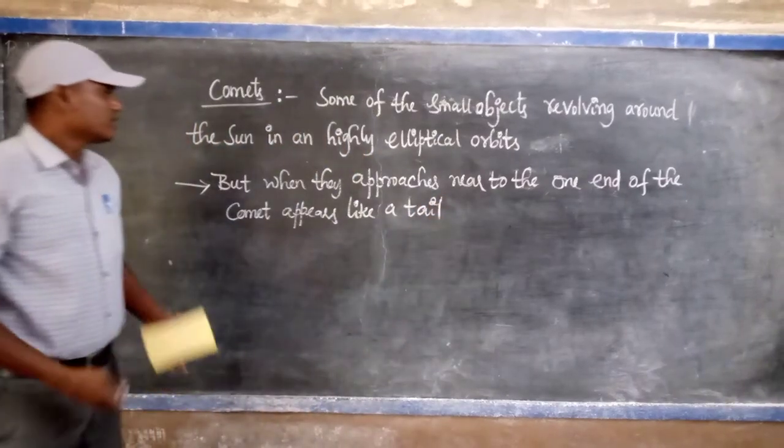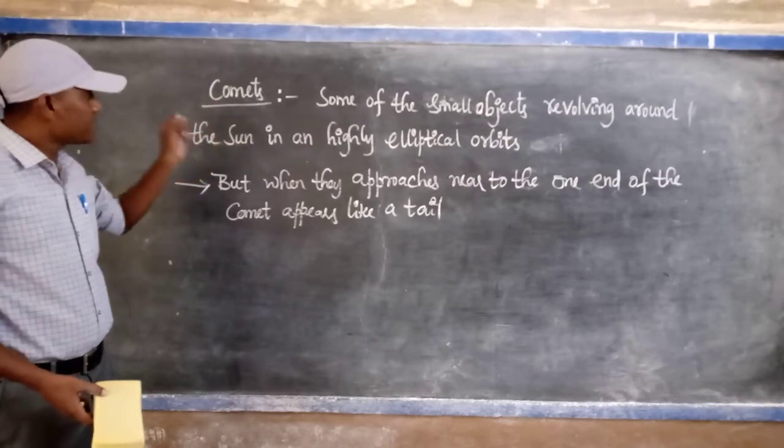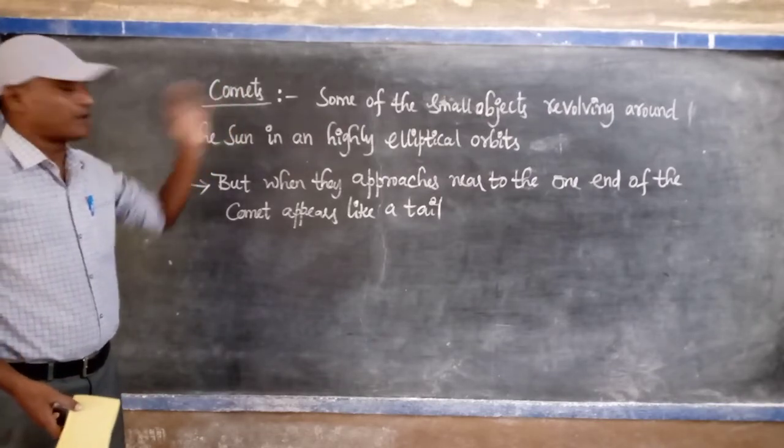So listen very carefully. What are the small objects revolving around the sun in a highly elliptical orbit?